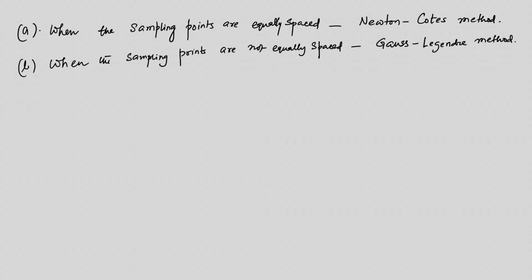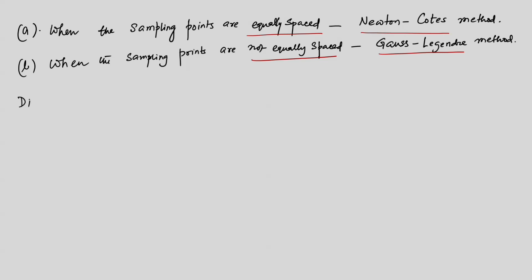So, we will be mostly talking about these two methods: when the sampling points are equally spaced, it is given by the Newton-Cotes method, and when they are not equally spaced, they are given by the Gauss-Legendre method. So, let us just talk about the Newton-Cotes method to begin with.